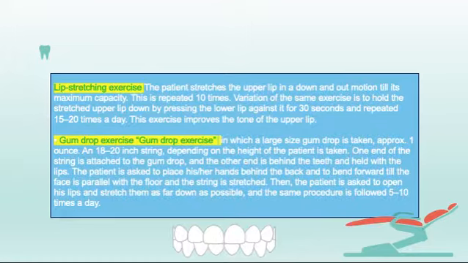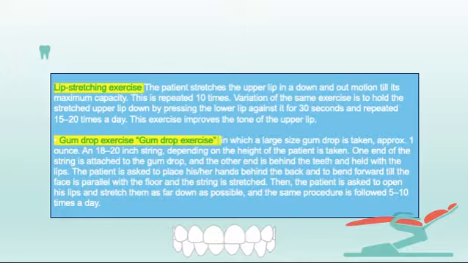Gum drop exercise. A large gum drop weighing approximately 1 ounce is taken, along with an 18 to 20 inch string, depending on the height of the patient. One end of the string is attached to the gum drop and the other end is placed behind the teeth and held with the lips.